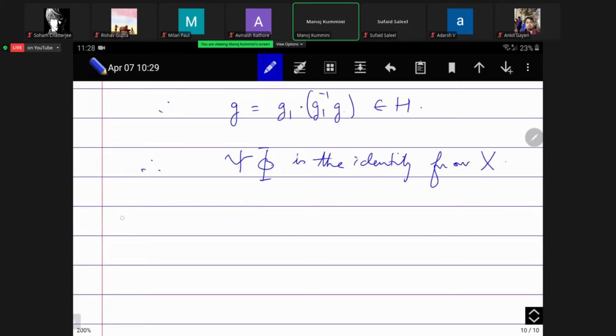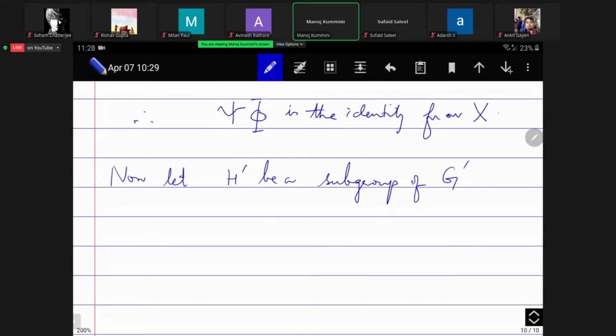So now let H prime be a subgroup of G prime. In other words, H prime is inside Y. Now we will apply psi to H prime, and then we apply phi to this. So this is just phi of phi inverse of H prime.